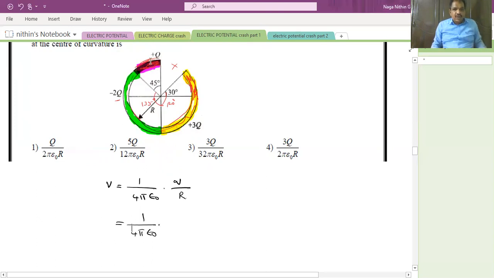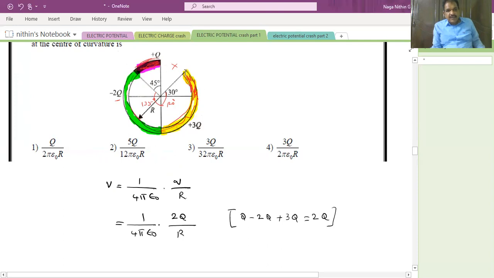Calculate: Q minus 2Q plus 3Q. So 4Q minus 2Q means it will be 2Q only. So this value here will be 2Q. Understanding? Total charge by radius. Why is this 2Q? Q minus 2Q plus 3Q. This is the total charge on the surface.